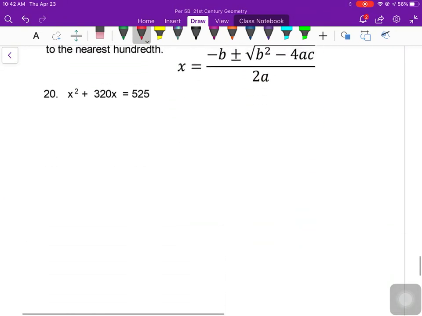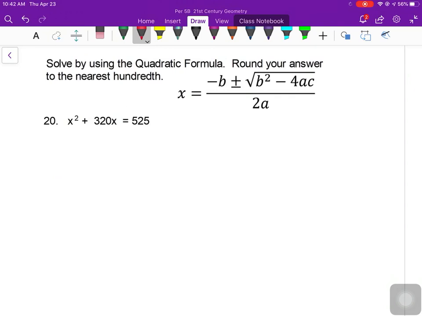One last example using this quadratic formula. And these big numbers should not cause an issue because you're going to be using a calculator anyway. So we'll subtract this to move it over. X squared plus 320x minus 525 equals 0.